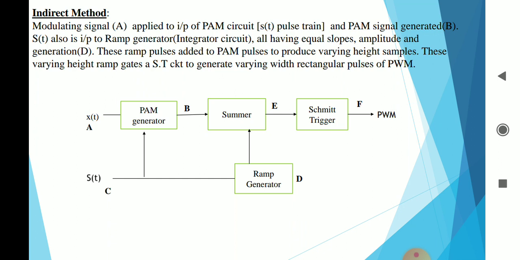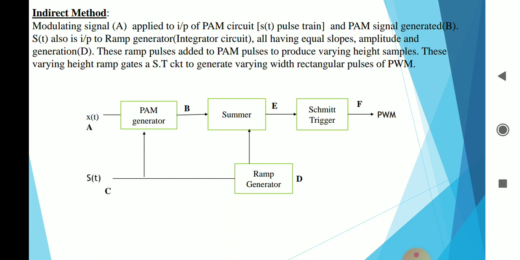If we see the block diagram here, the input x of t and the pulse signal s of t are given to a PAM generator. The same pulse signal is also given to a ramp generator, which generates a corresponding ramp depending upon the width of the pulse signal.